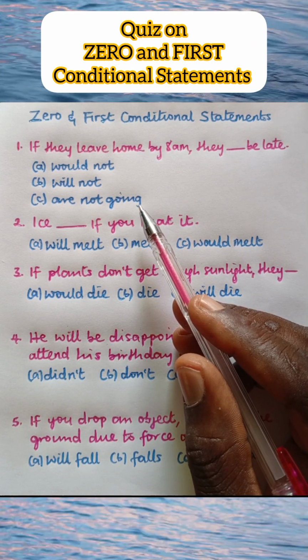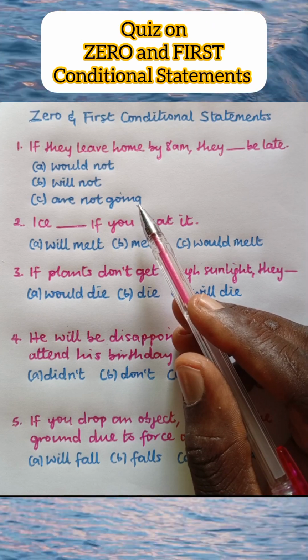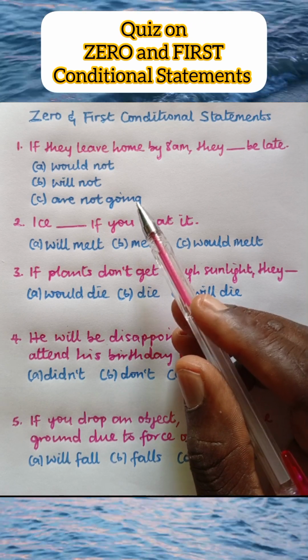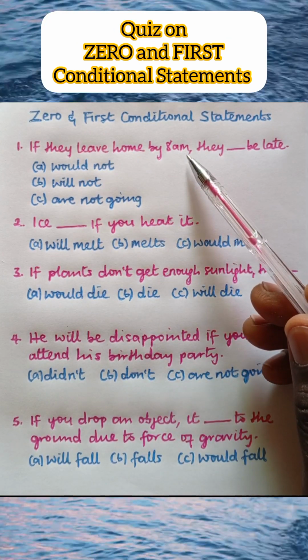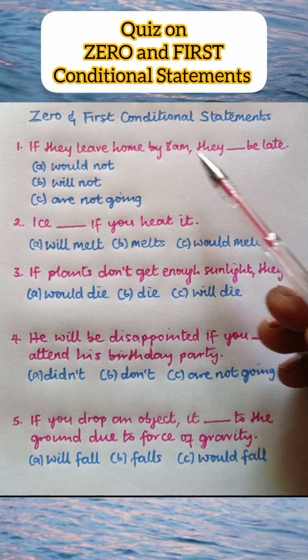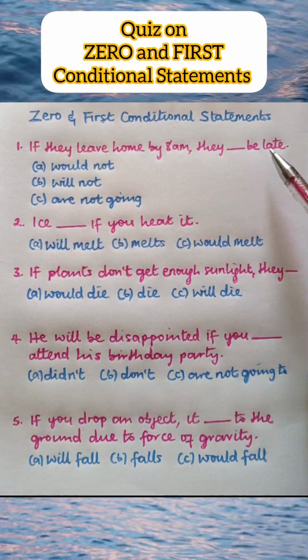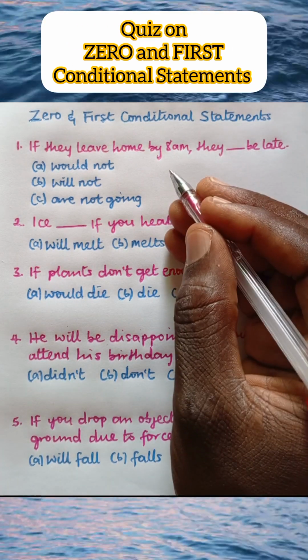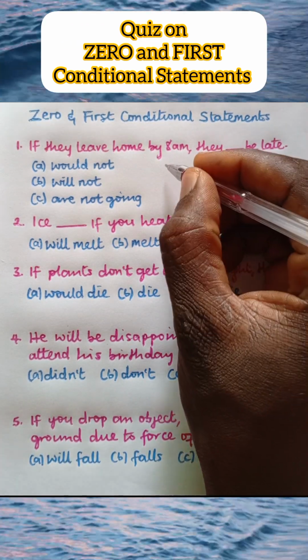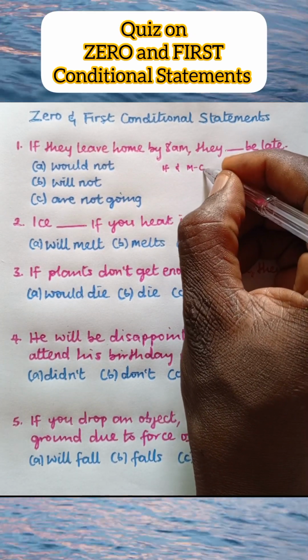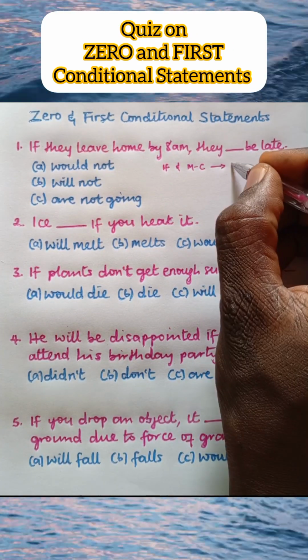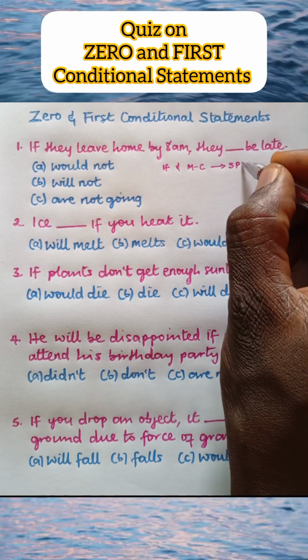Now, we already know that conditional statements are made up of two clauses, the if clause and the main clause. Here, if they leave home by 8 a.m. is the if clause, and the main clause is the blank be late. Now, listen. In zero conditional statement, the verb in the if clause as well as the main clause are simple present tense verbs.